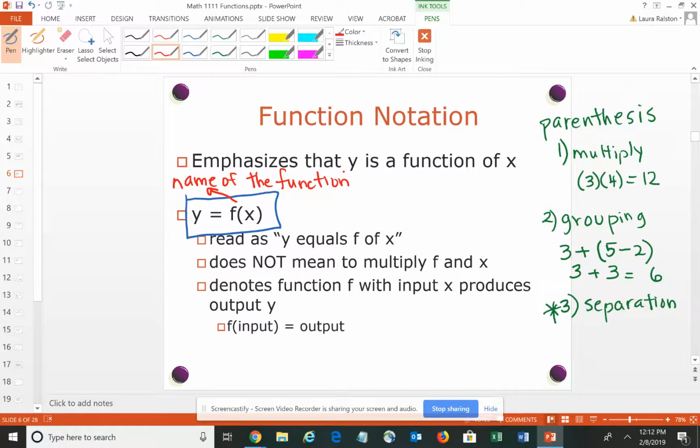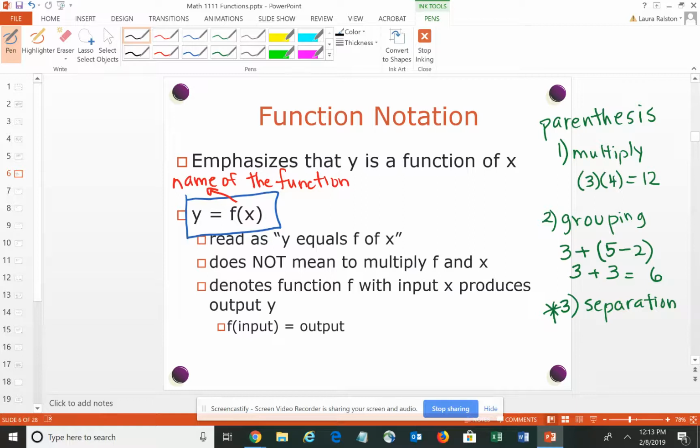If you were looking at revenue, you might use the letter R. So sometimes the name of the function, just like you all have different names, can change. It's typically a lowercase letter, but it could also be an uppercase letter. Again, it's just how they are labeling that particular function.